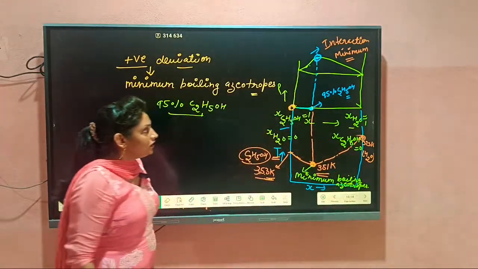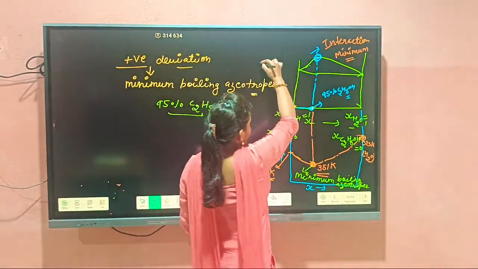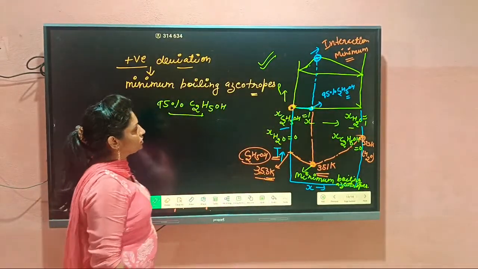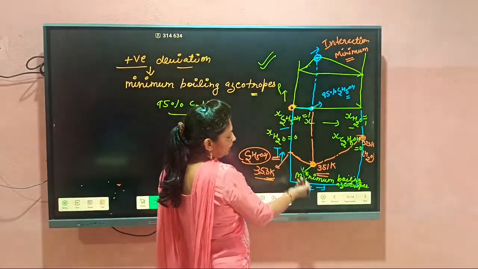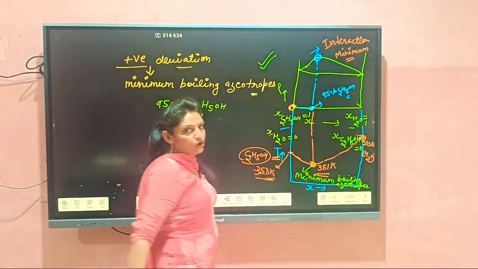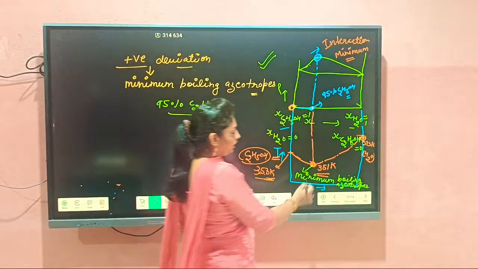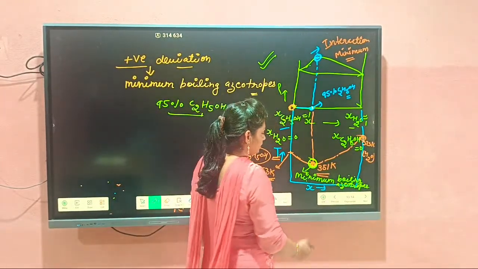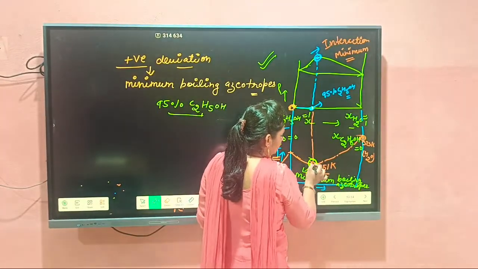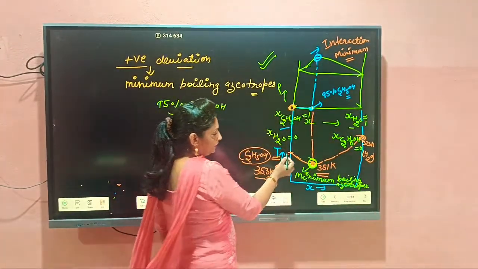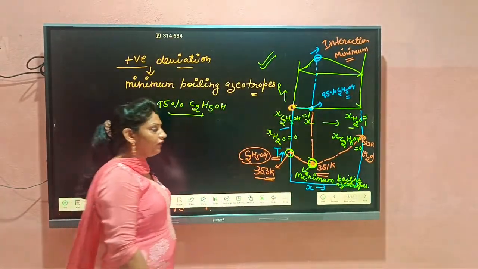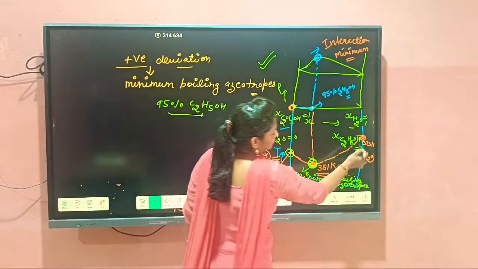Okay, students. So from here we can say positive deviated non-ideal solutions show the minimum boiling azeotropes. They get boiled at low temperature as compared to the temperature of their components when they are in pure state.